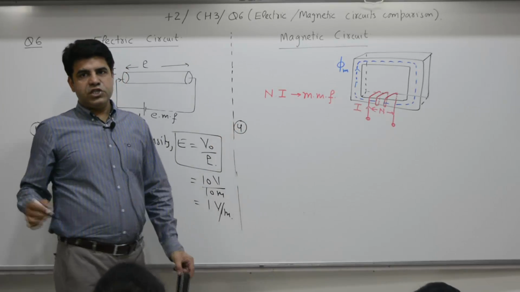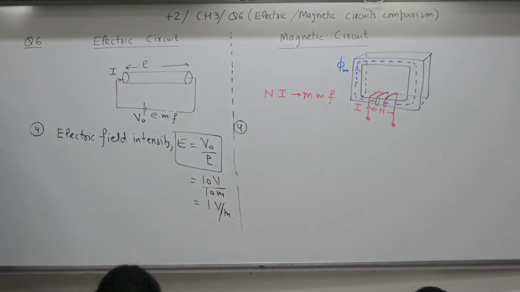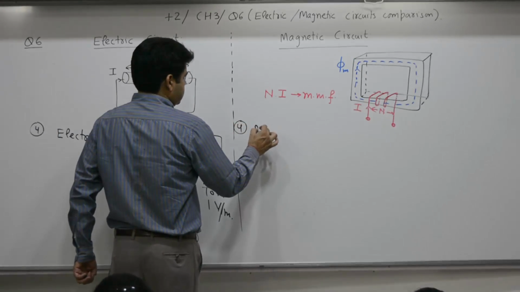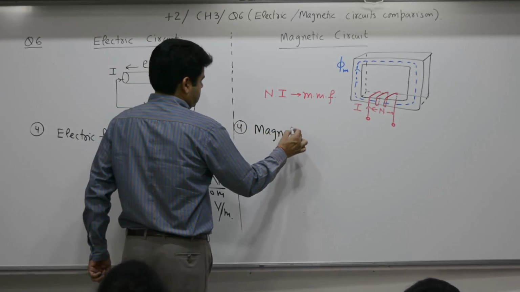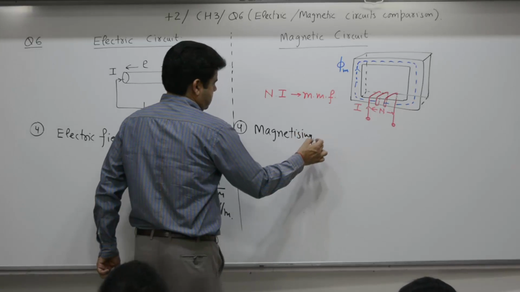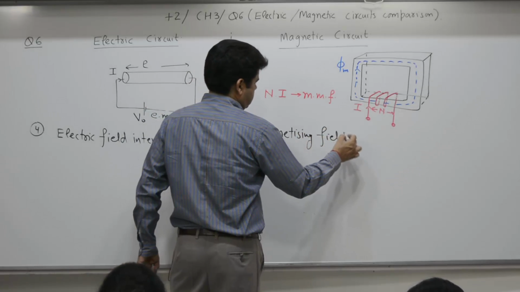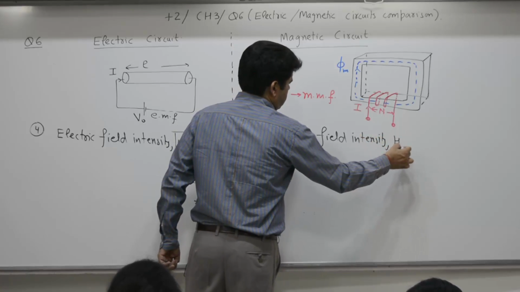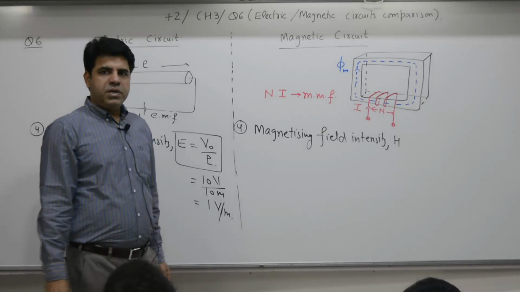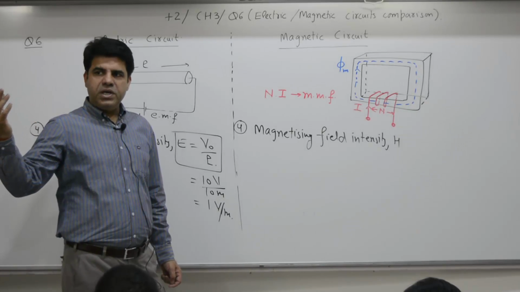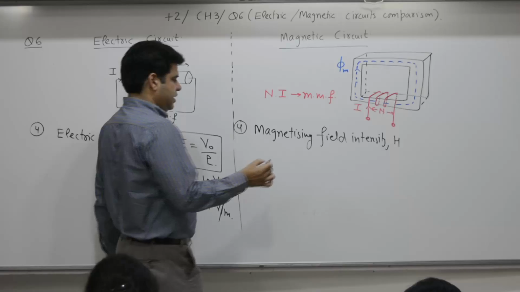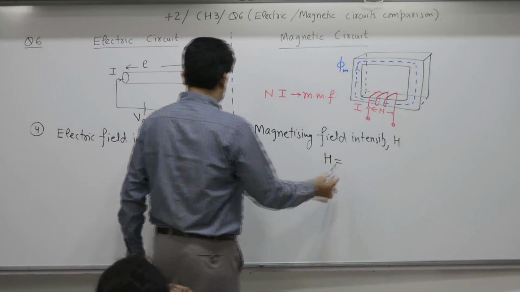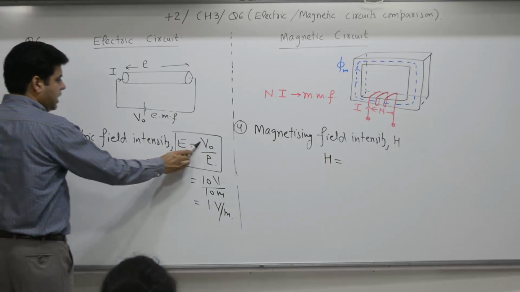Its equivalent in a magnetic circuit is magnetizing field intensity H. Magnetic flux density B is different, we will talk about it later.